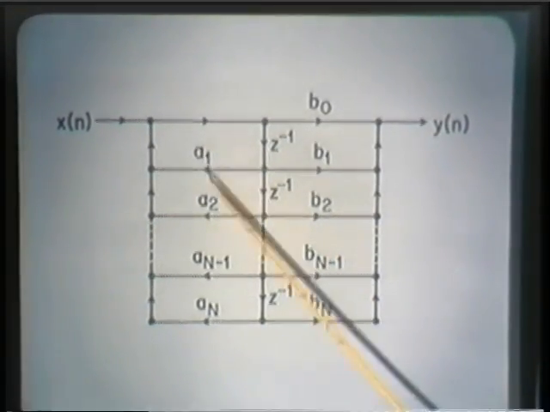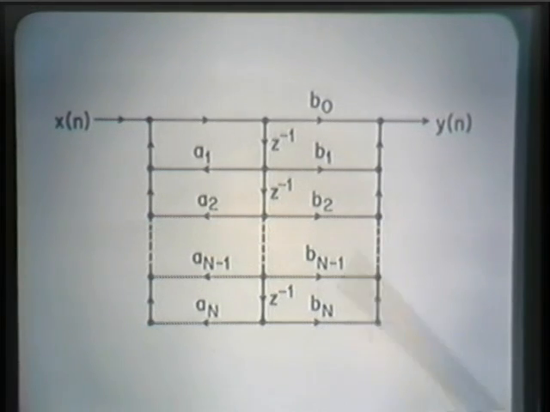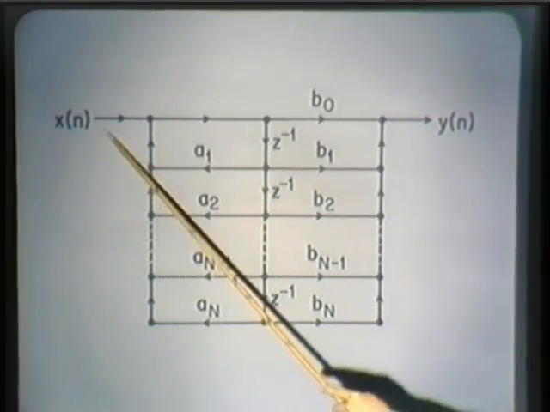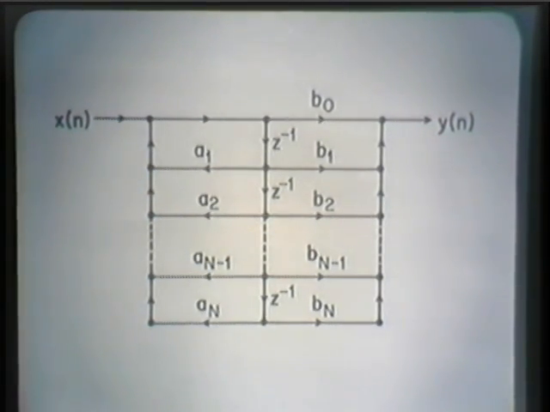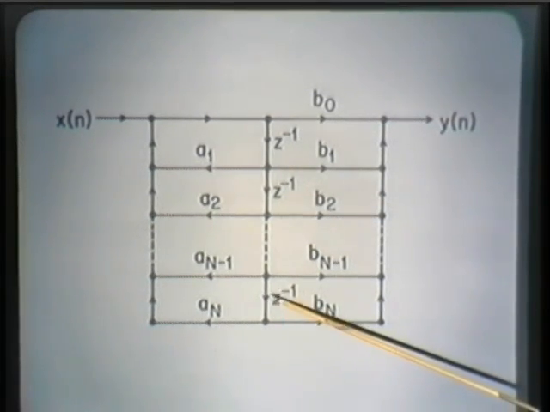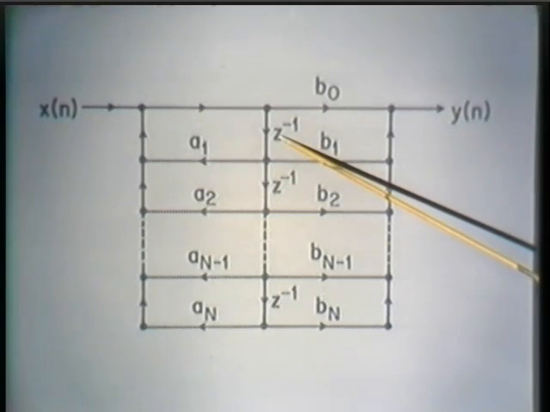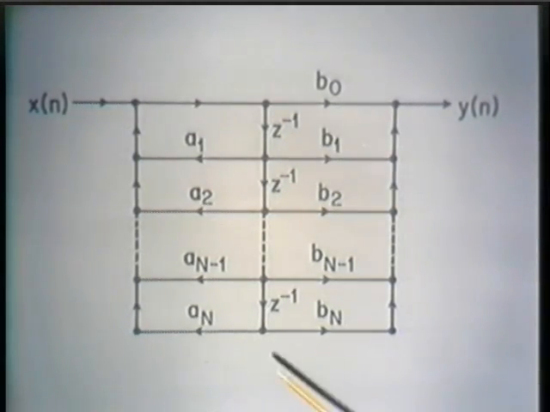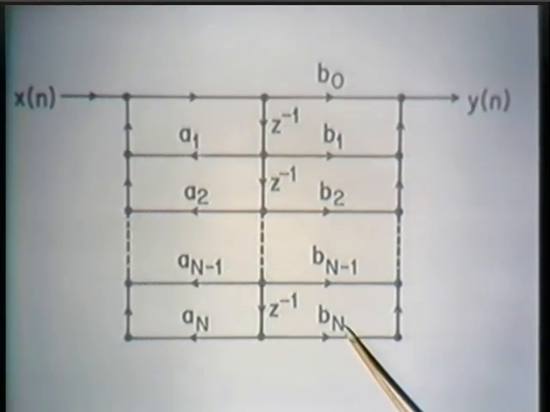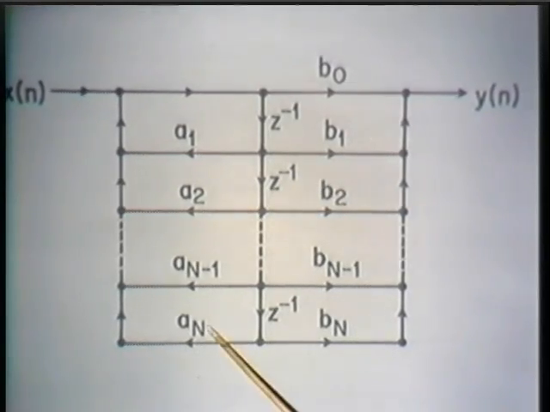That is, reversing the directions of all of the arrows, putting the input in here and taking the output out there, and then to keep our convention of the input in at the left, the output out at the right, flip that over to generate a second canonic structure, which is the transpose of this structure. And if we do that, the two changes to focus on is that the direction of the delay branches is reversed. And furthermore, the system will implement the zeros first, followed by the poles.